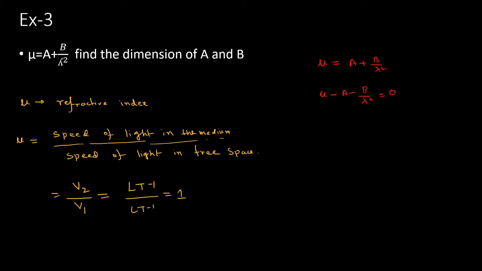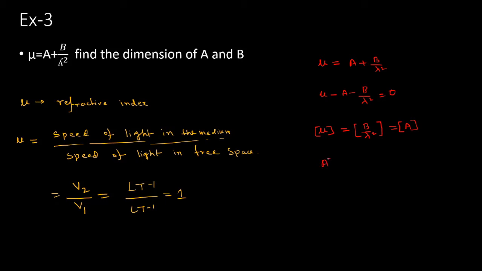Now this equation will satisfy the principle of homogeneity, right? So what can I say? We can say the dimension of mu equals the dimension of b by lambda square, and also it equals the dimension of a. Clear?